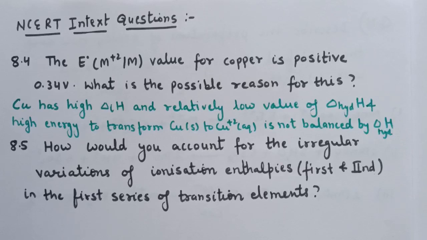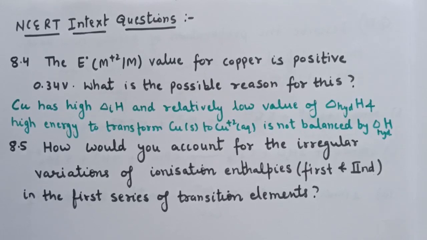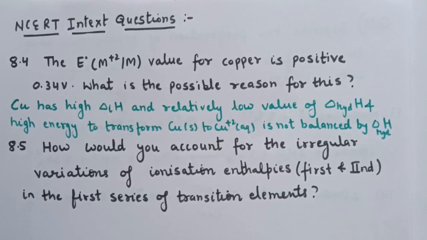And this high energy to transform from copper solid to copper plus 2 in aqueous is not balanced by hydration enthalpy, and that is why the E0 value for M plus 2 to M for copper is positive.